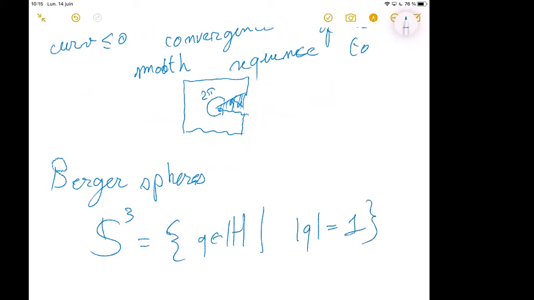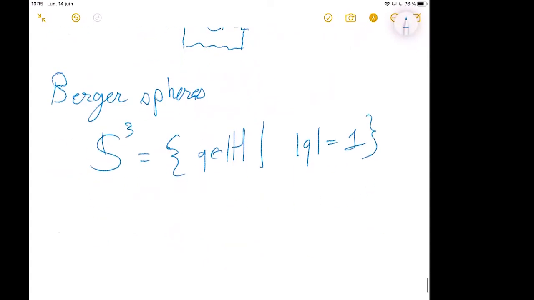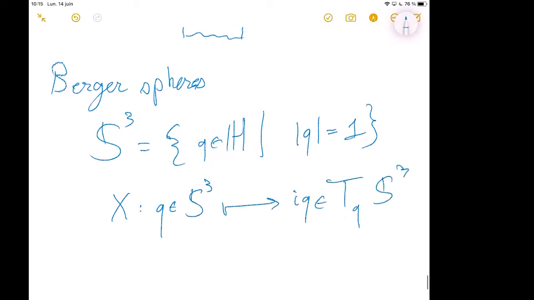So this way we see immediately the Lie group structure of S3, and consider, let's say, X, the vector field which maps q in S3 to iq in the tangent space at q of S3.